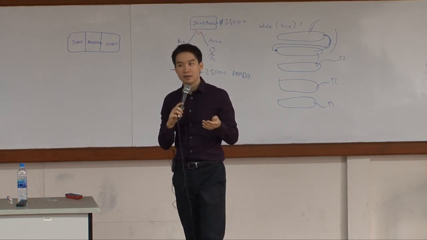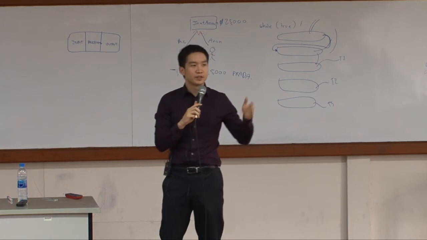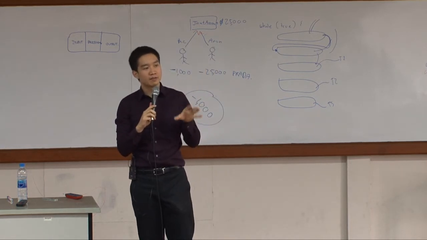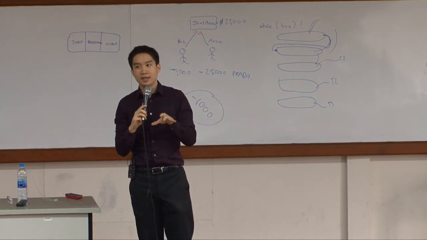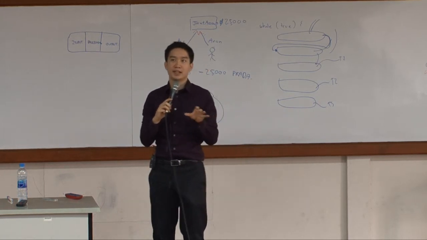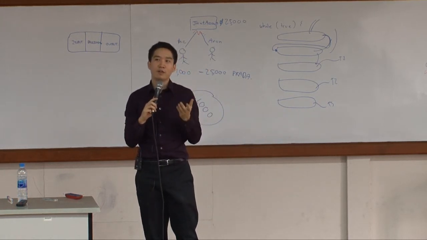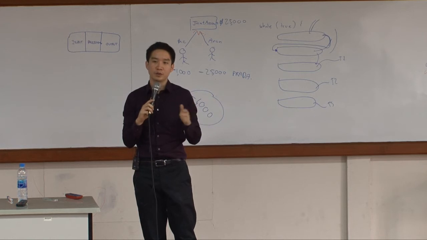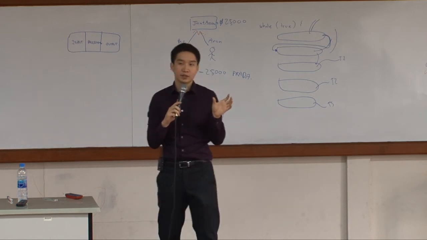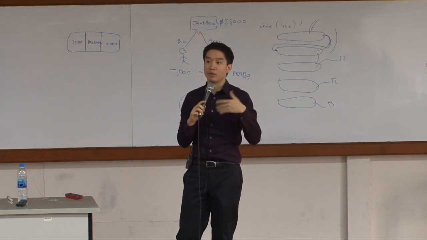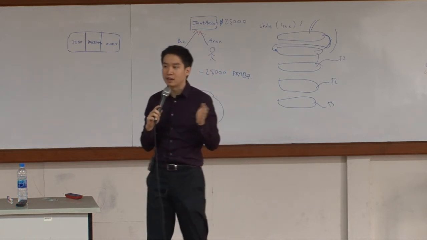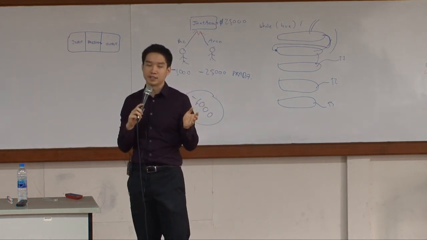Okay? So in multi-threading, the key that I want you guys to take away is that if all that you're ever going to do with the shared resource is to simply just do a read, you'll never need any locks. You'll never need any synchronized.